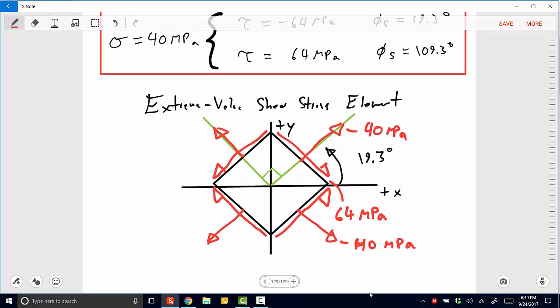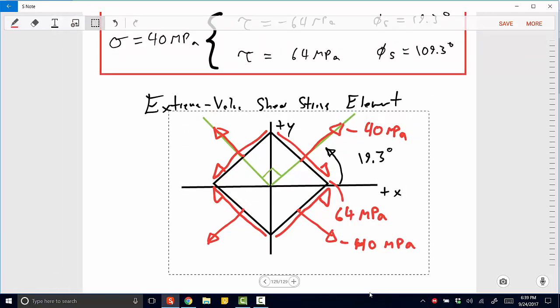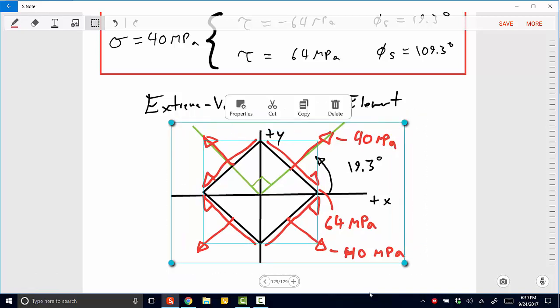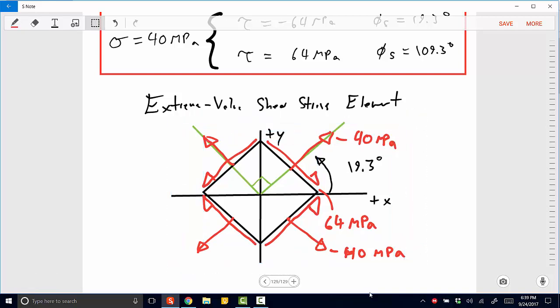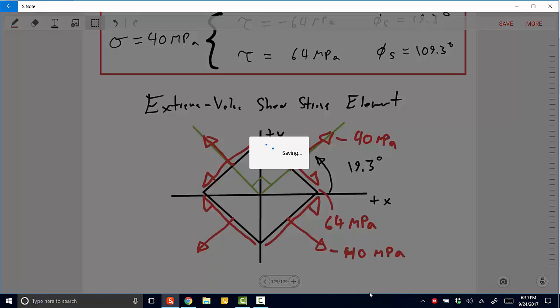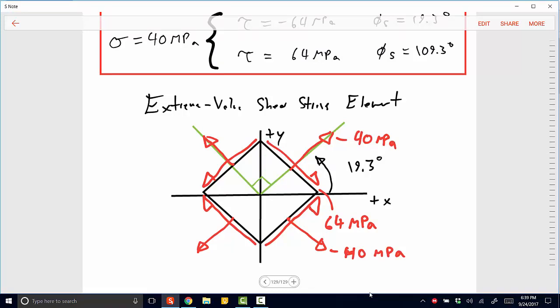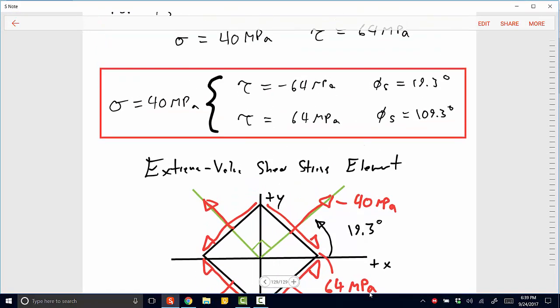And so now we've drawn our extreme value shear stress element using our basic knowledge here. And so for part B, we need to define the values of the shear stress, their directions, and draw our stress element. And we've done everything we needed to do.